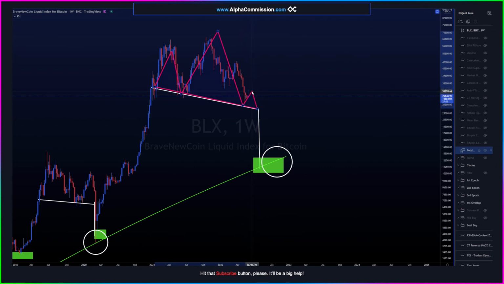What would happen? We would print a right shoulder. And what would you have? You would have a head and shoulders with a measured move to the downside. And this would be a valid head and shoulders with a measured move that would point us at $10,000.